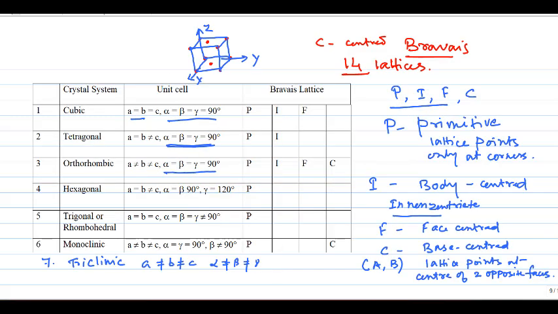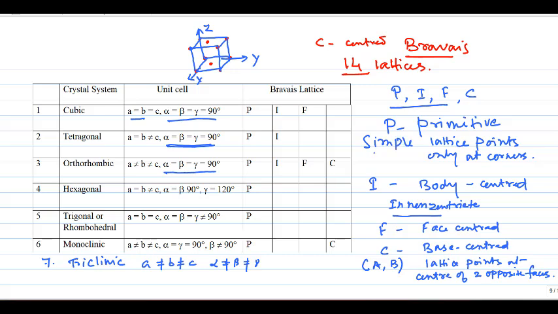So we have 7 crystal systems, and in each of them we have the Bravais lattices. Put together we have 14 Bravais lattices. The distribution is given here. For the cubic, we have primitive, which is also sometimes referred to as simple.